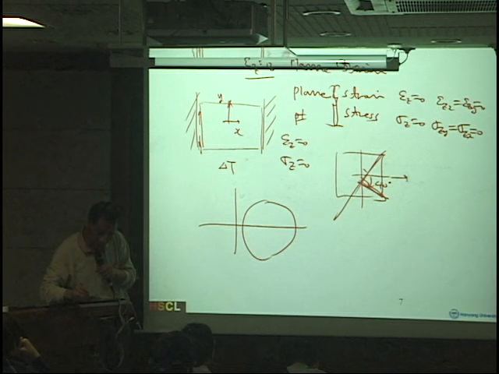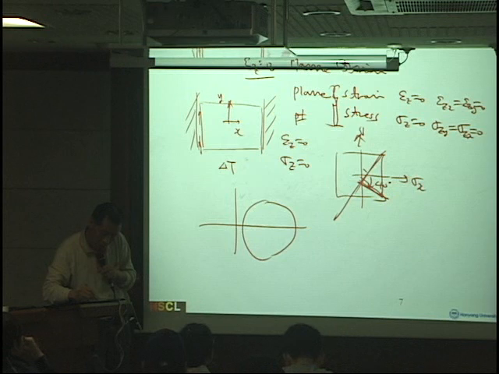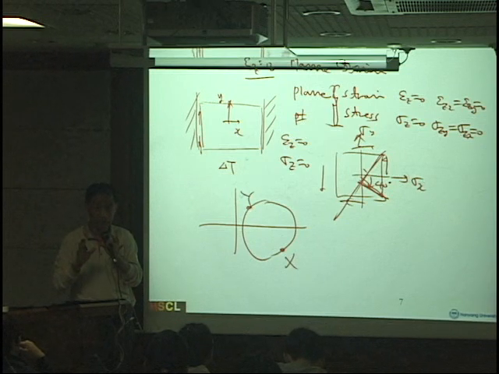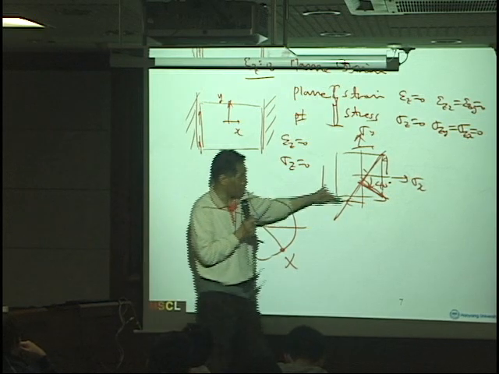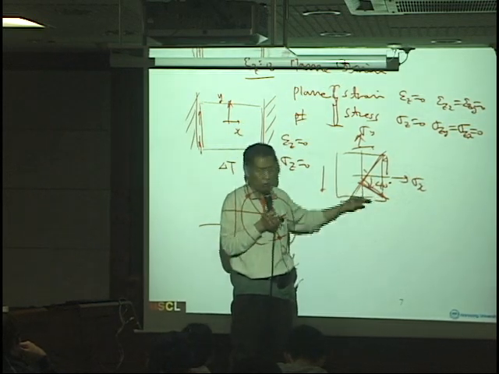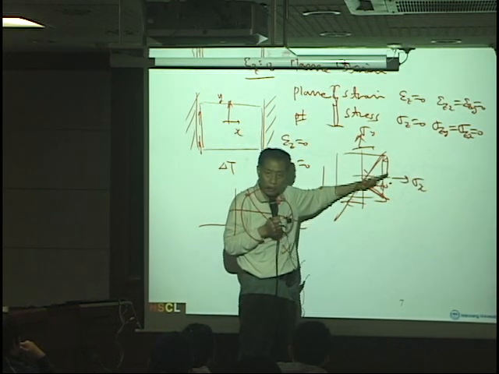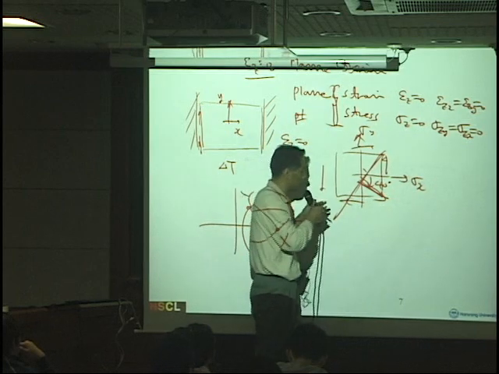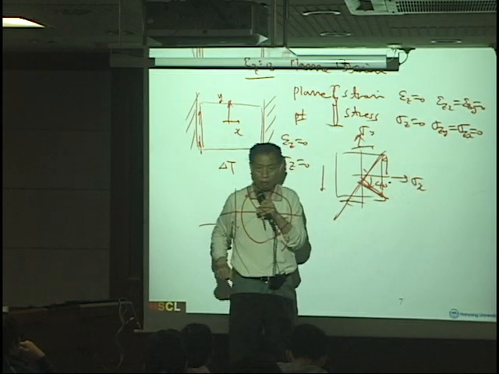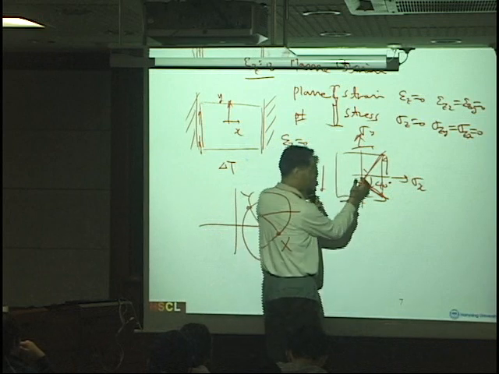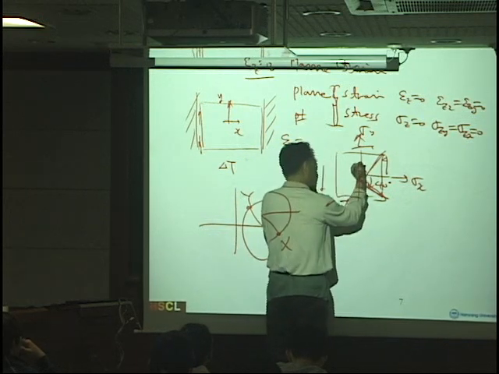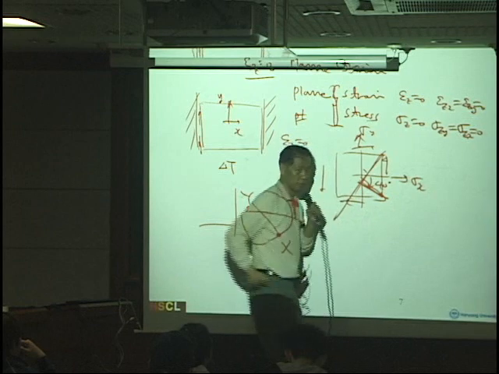Then here you have sigma x, sigma y, and shear, and from this you have the x and y. Now, if you are asked to calculate this plane, which rotates 40 degrees clockwise, which is negative rotation. We always use the right hand, and this is the positive rotation, and this is the negative rotation.